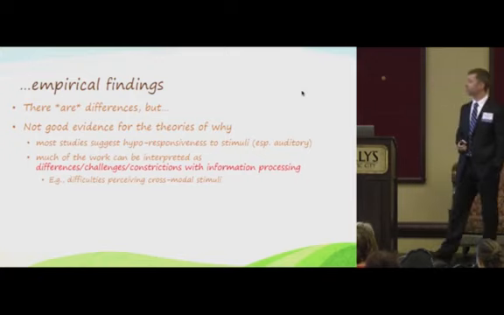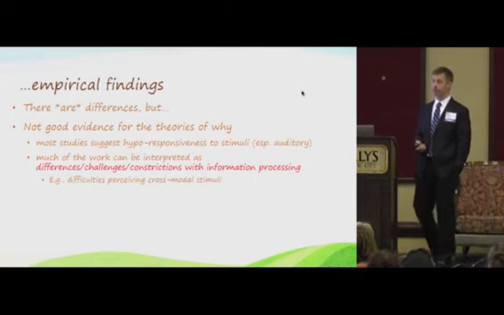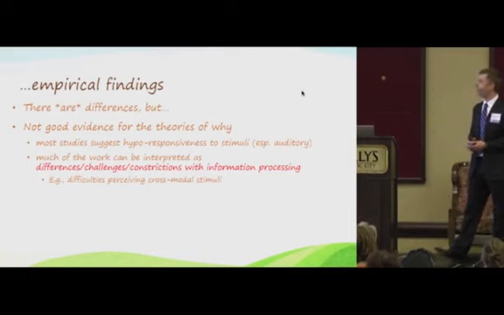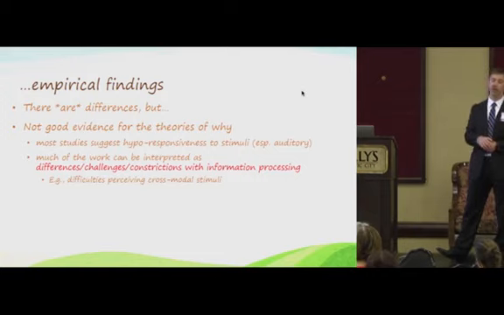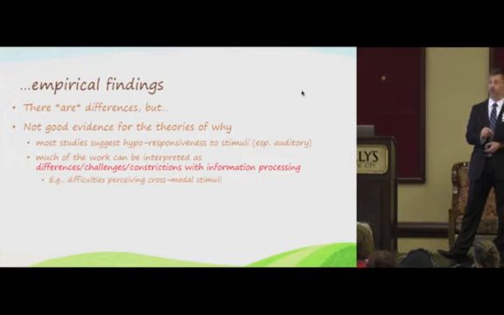Most studies suggest there's hypo-responsiveness to stimuli, especially auditory. So if we group all the autistic kids together, that tends to be the pattern. And I think the bottom line here is that these things exist, and if we look at the pattern of results, you can interpret the results as really talking about differences, challenges, or constrictions with information processing, right?